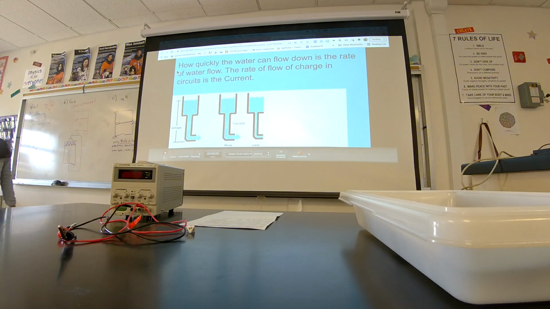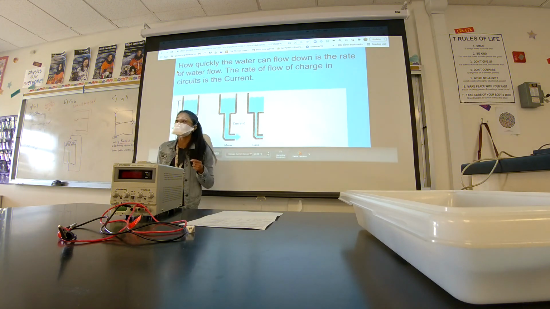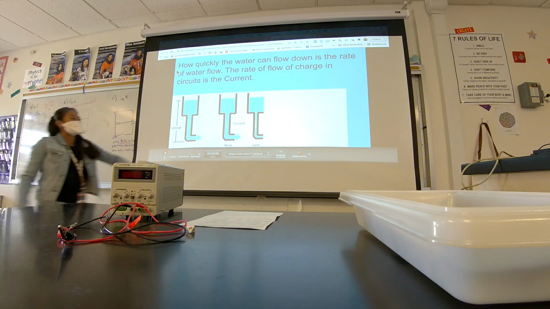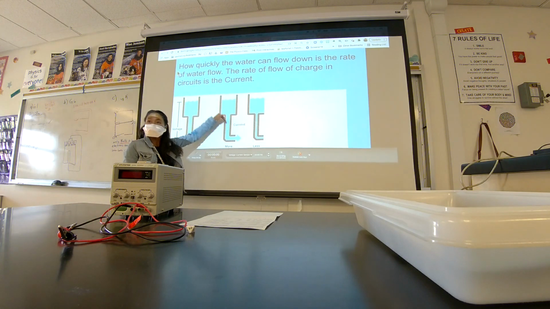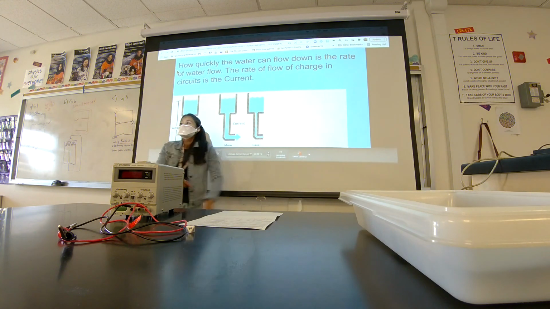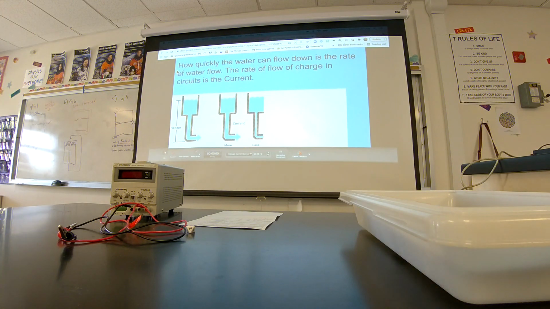And so the resistance can also be based on the size, the width, even the length. If you had a short wire, obviously the charges are going to flow a lot faster versus a really long wire where it's going to take more time for the charges to travel. The other analogy is a straw. If I asked you to drink a glass of milk and there was a competition, would you choose the thick straw or would you choose the skinny straw?